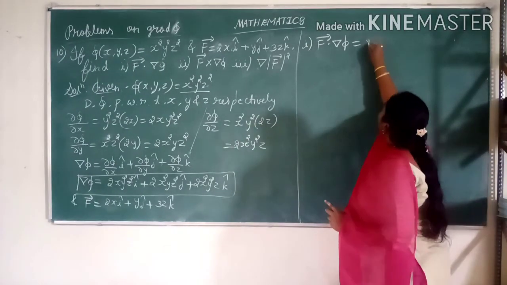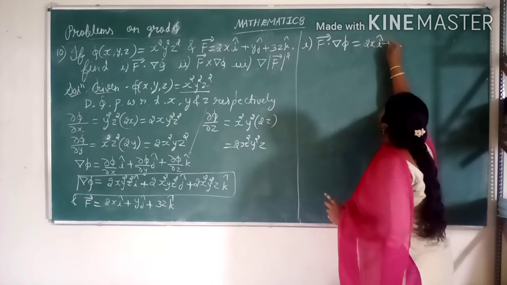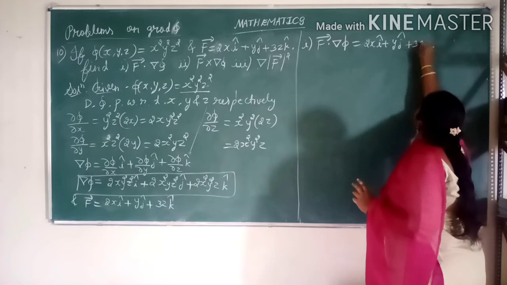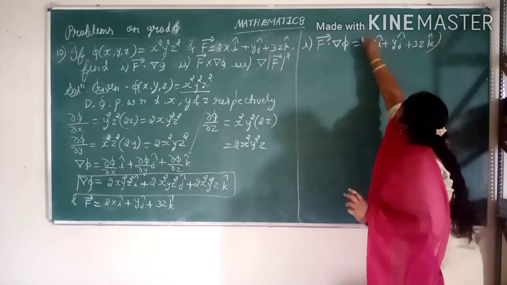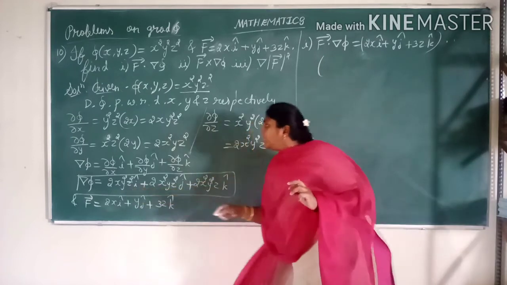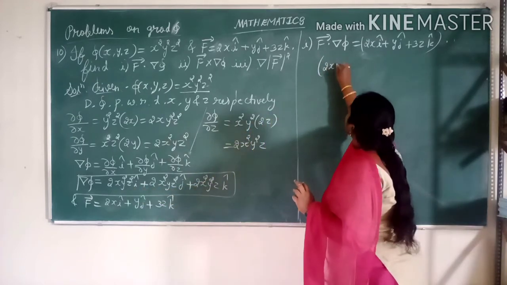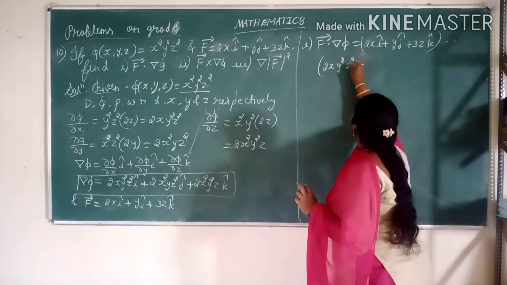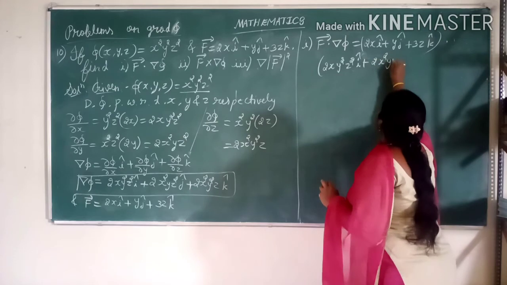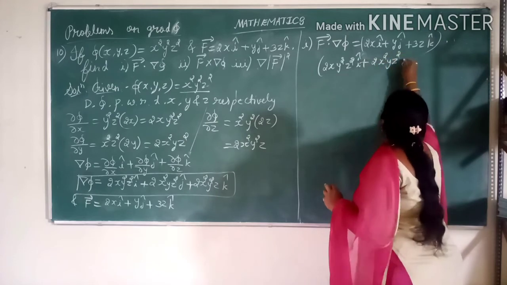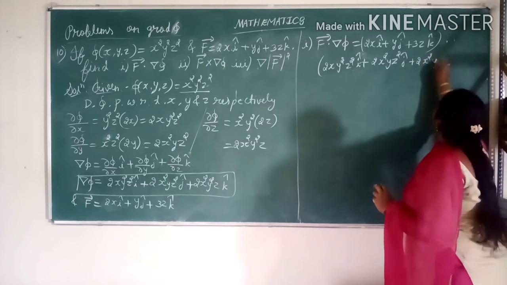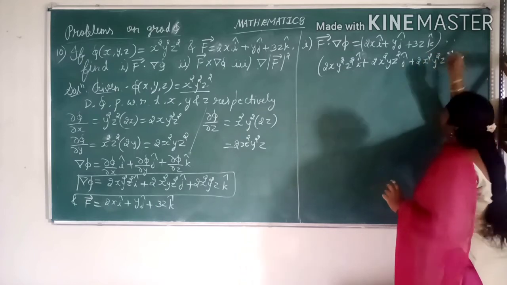Vector F is 2x i cap plus y j cap plus 3z k cap, dot grad φ, which you just found: 2x y²z² into i cap plus 2x²y z² into j cap plus 2x²y²z into k cap. Clear?